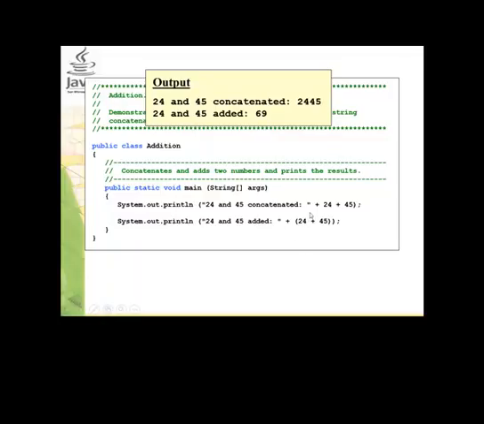So there are differences here: one with plus without any brackets, and one with brackets that will do the operation in the brackets first before moving on to the other operation. When we put plus here, we want the value concatenated with the string, but in this example the second line will do the mathematical operation 24 plus 45.